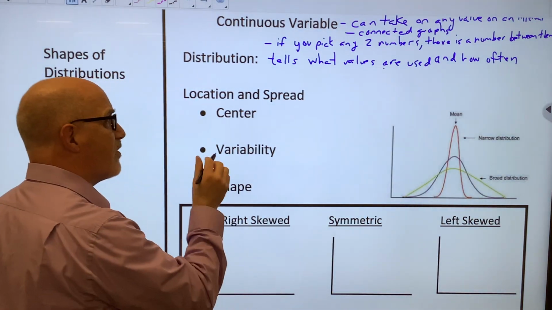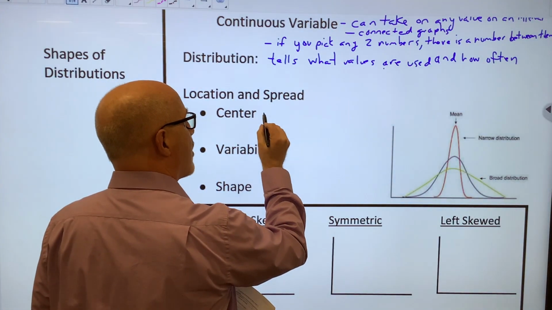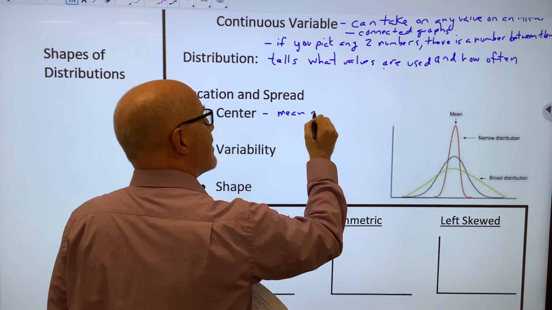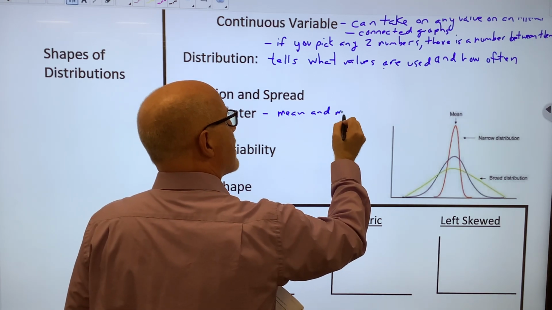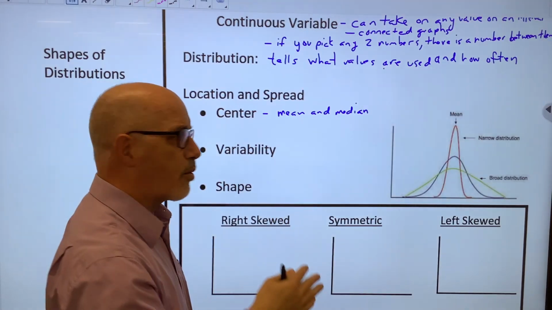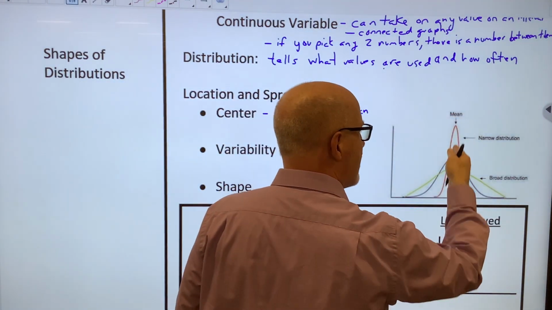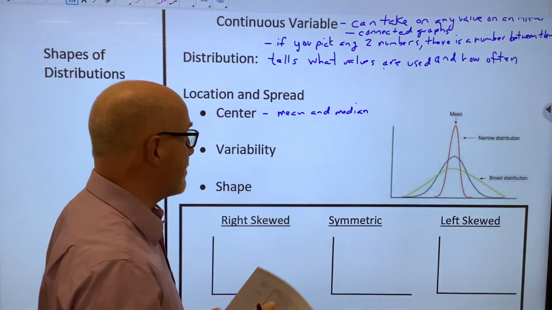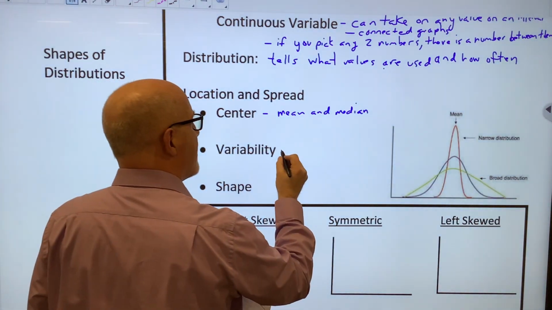We're going to specifically use, for the center, mean and median as our primary ones. That will tell us where the center of our graph is, somewhere in the middle of the data.